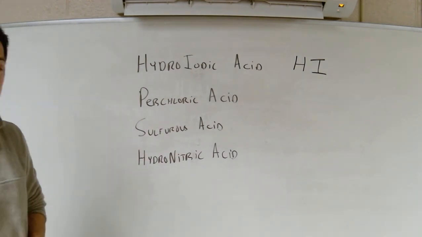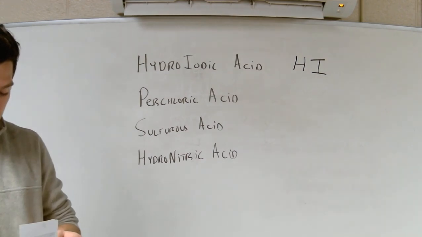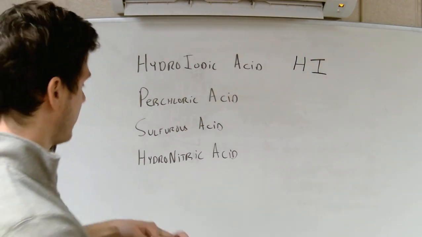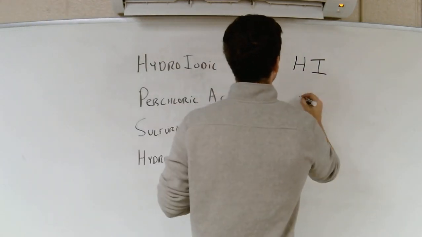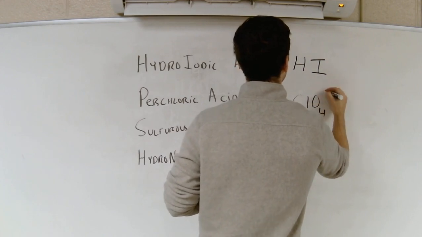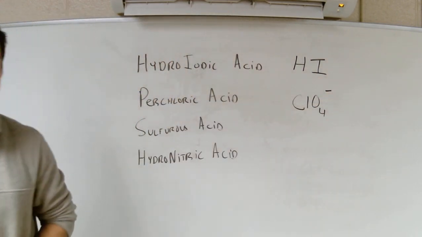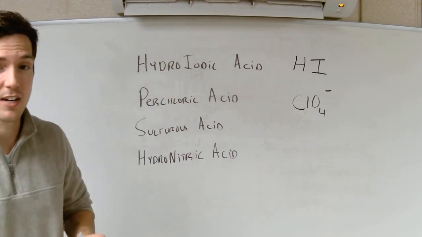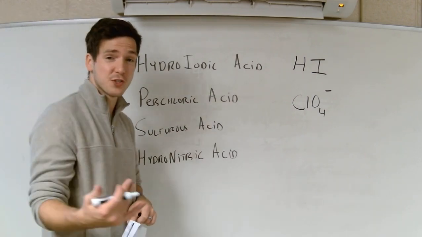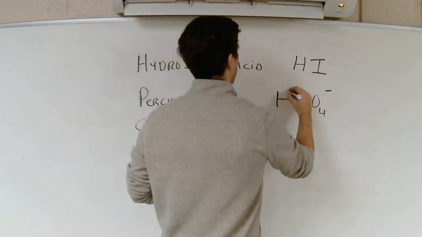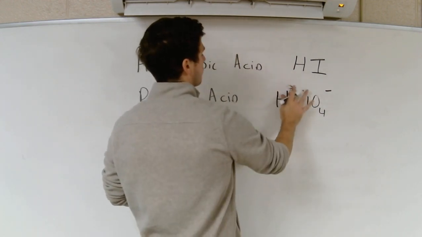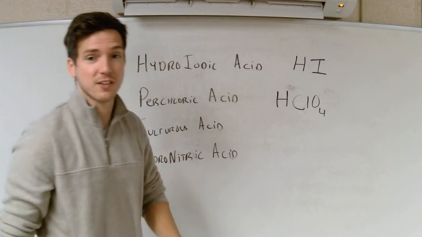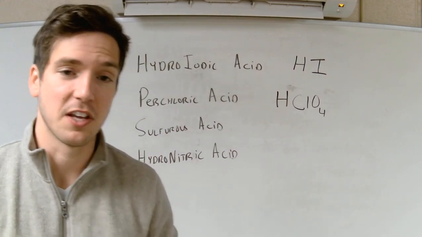So if it's perchloric, it must have come from perchlorate, which is ClO4, and it's got a -1 charge. Now what I gotta do is just balance out that -1 charge with hydrogens. It only needs 1 hydrogen, so those positive and negative charges will cancel out, and it's just HClO4.